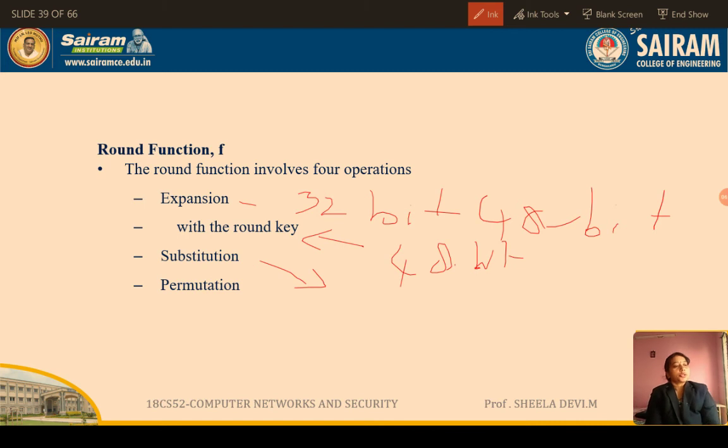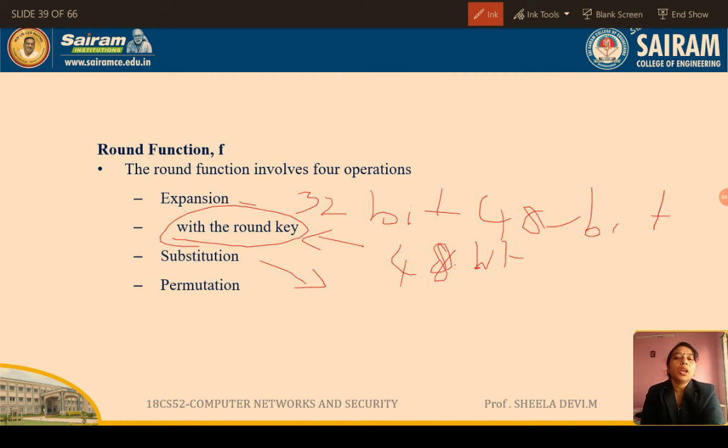What happens in the substitution is 8 6-bit chunks are substituted with 8 4-bit chunks. Now it is getting reduced. 8 4s are 32. Here the output of the round key operation was 48 bit, so it has to be converted again to 32 bit.